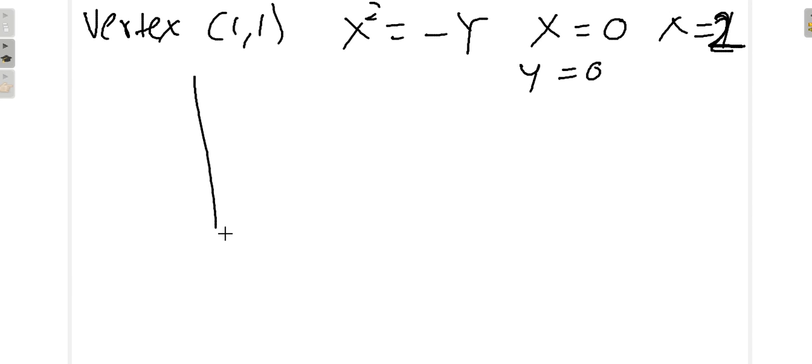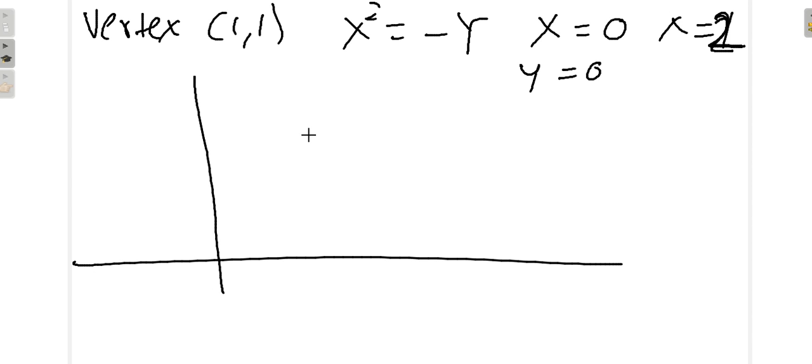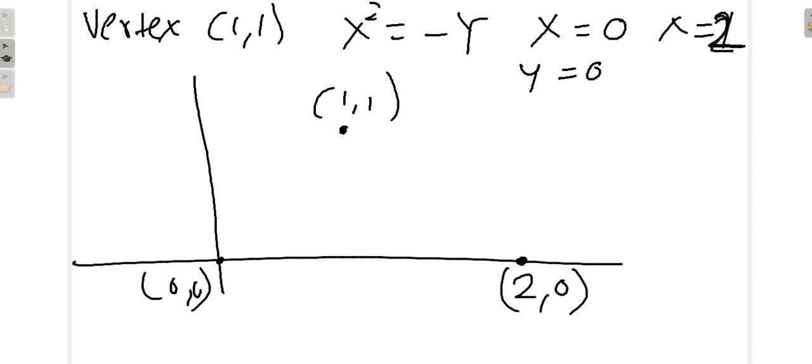So this is the vertex. 0, 0 is one point on the curve. 2, 0 is another point on the curve. And x square equal to minus y is dipping down, as you know from your 11th standard exercise. So the curve will be something like this.